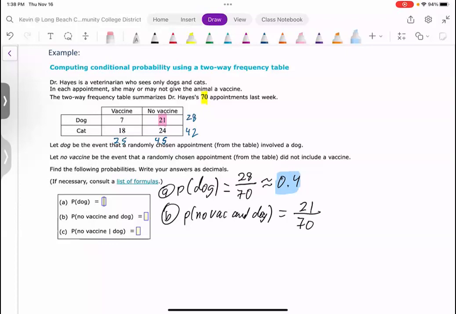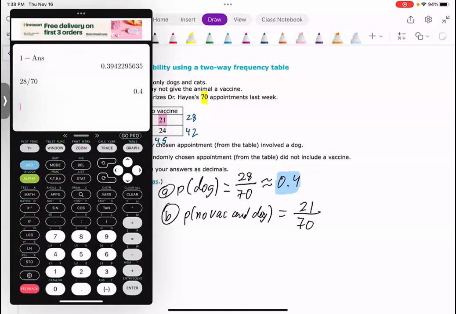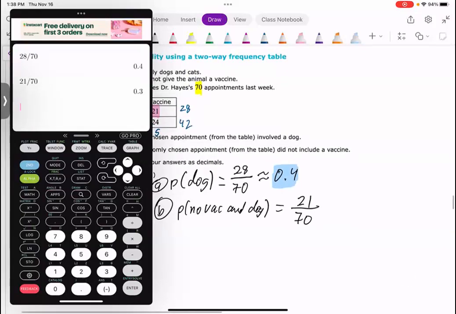And I'm going to choose, oh, we need to do a decimal. 21 divided by 70. It's only about a 30% chance of randomly selecting a dog that has not been vaccinated.